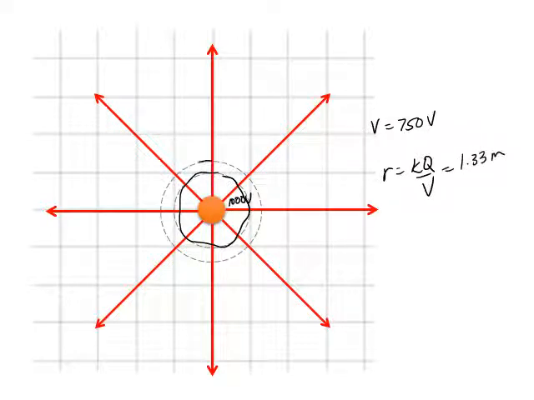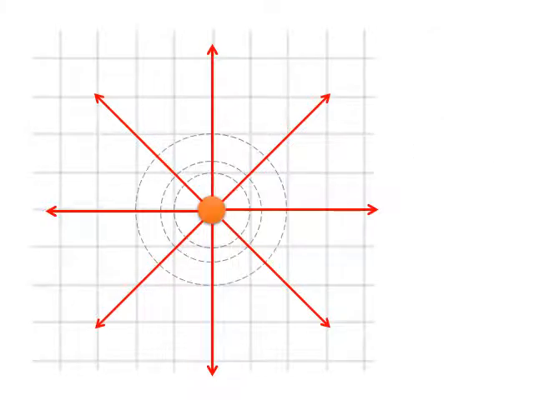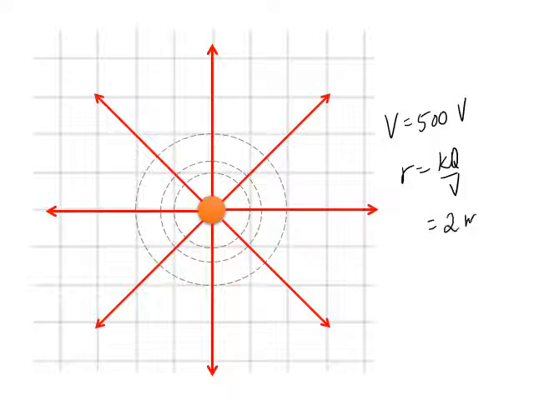So my next equipotential line is just a slightly bigger radius, 750 volts. Okay, next one I'm going to do 500 volts. If my V is equal to 500 volts, then my R is KQ over V is equal to 2 meters. So there's my 1,000 volt line, there's my 750, there's my 500.